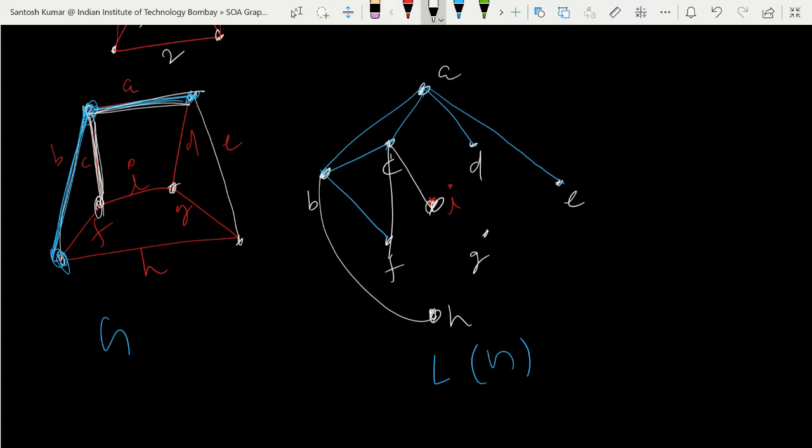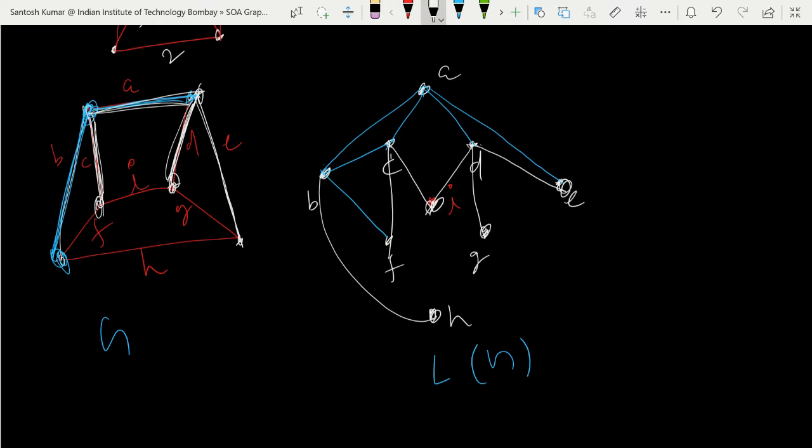And D is sharing vertices with A, E, I, G. Fine.